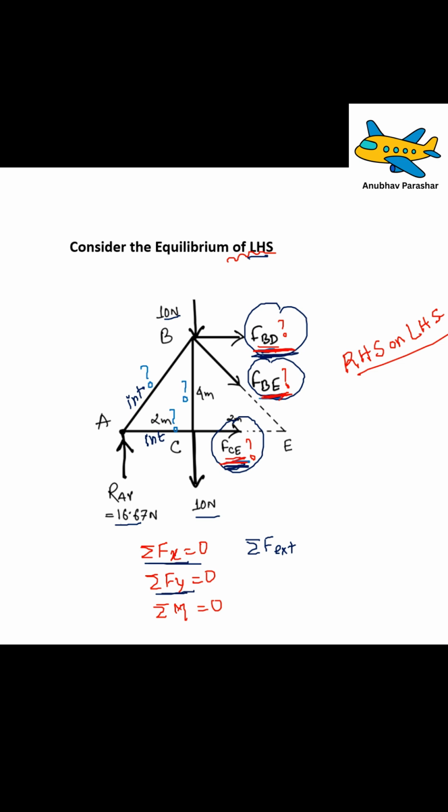So these are external forces. But the force in the member AB and the force in the member AC are still part of the left hand side, so these are nothing else but internal forces. So while writing these equations, we are going to consider FCE, FBE, FBD, but we are not going to consider FAB or FAC.